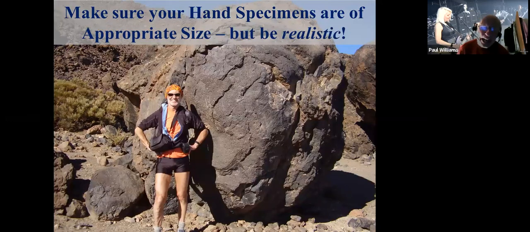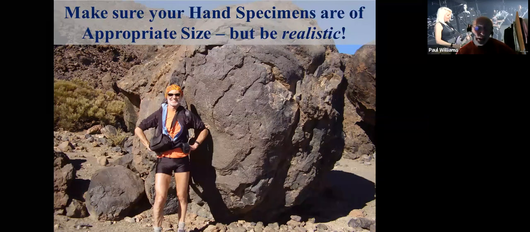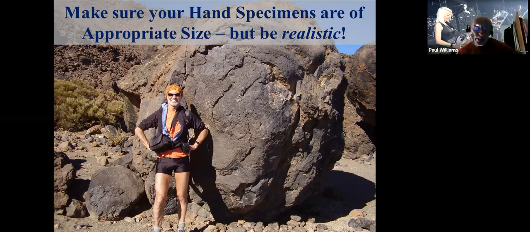So reasonable size hand specimens, but you've got to be realistic about this. If you've got a Tardy egg, for example, that's probably just a little bit too big to give you a good idea. Although one of the important things to remember is that when you've got a small hand specimen and you see some little tiny black bit that you wonder, what's this black bit? I've had loads of people come up to me and say exactly that. What's this black bit I've got here?